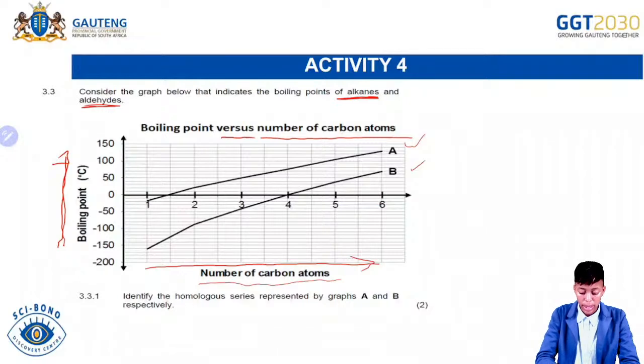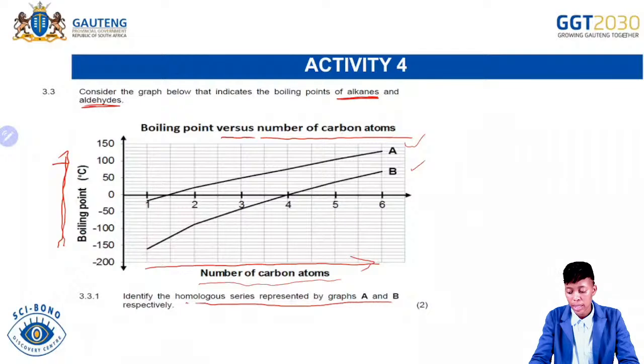So this one says identify the homologous series represented by A and B. So you need to start comparing aldehydes and alkanes, to say which one between the two will be stronger in terms of strength. Is it going to be the dipole forces for the aldehydes, or the London forces for the alkanes?